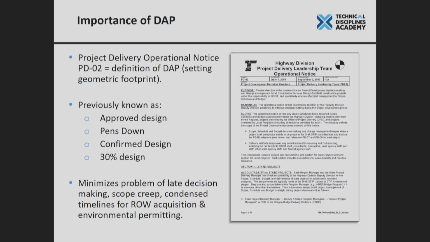So we'll be talking about that as PDII rolls out in each region, and the staff gets to learn exactly what's going to go into DAP. But really, the whole idea is we're going to try to minimize the problem of scope creep and condensed timelines, when you have a change in the project and you've got to redesign. I used to be the person in right-of-way with a short timeline that had 90 days to work a miracle and get onto some property.